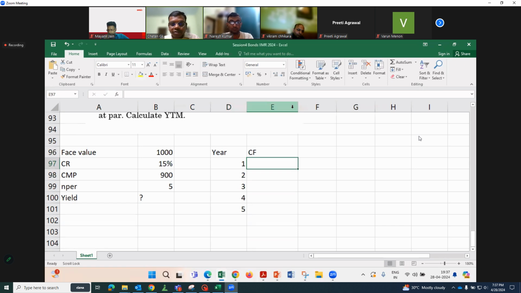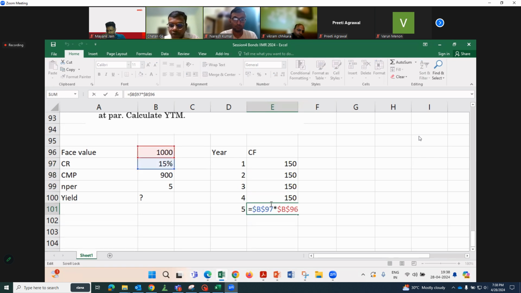Cash flows from the bond are how much? You know that it is 15%. Always we have to compute on the face value, not on the current market price. You know it, right? Now I'll drag it to the bottom, and I'll add the redemption value. Redemption value, as it is going to expire at face value, means we receive 1000.